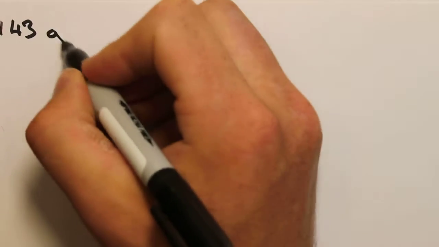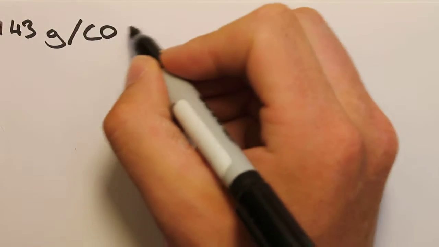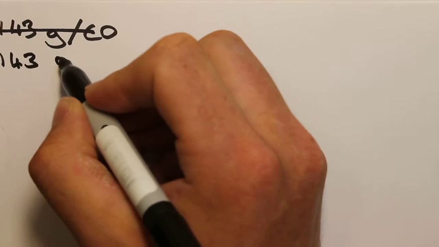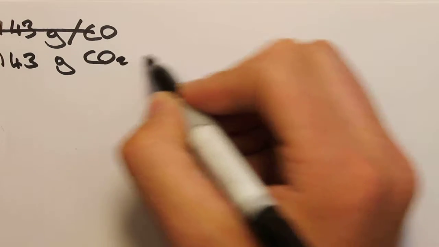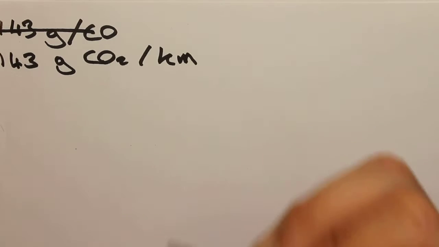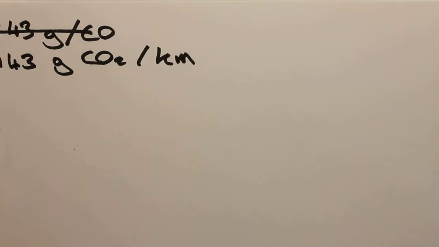Okay, so the first bit of key information that we're told is that our car does 143 grams of CO2 per kilometre, and that our car does 8 kilometres every single day.